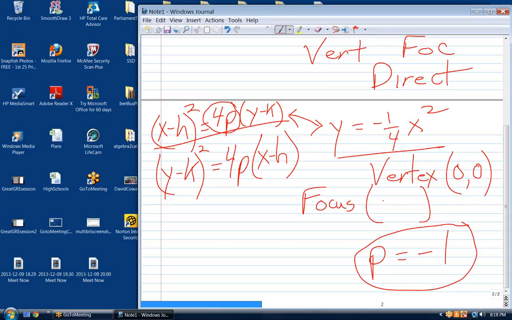What's the x coordinate going to be? If we're looking at a parabola that looks like that, a focus is in there, so the x coordinate has to be 0, right?